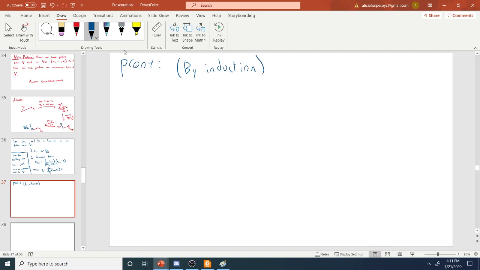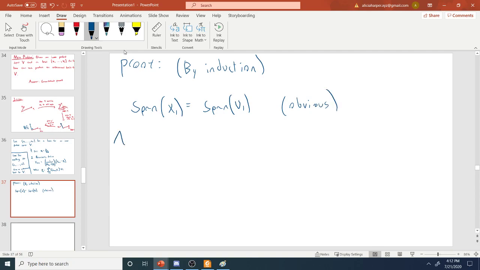So the first thing we're going to note is that the span of the space generated by x1 is of course equal to the span of the space generated by u1. This is the base case of an inductive proof. So this is obvious because u1 is just a rescaling of x1.